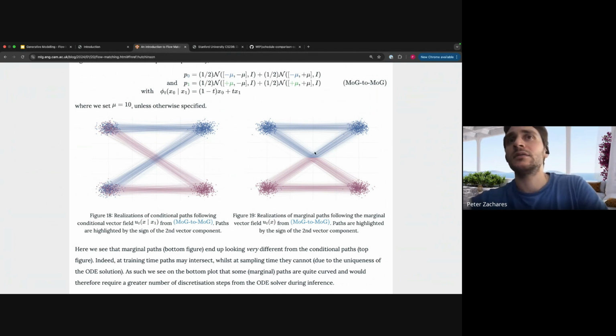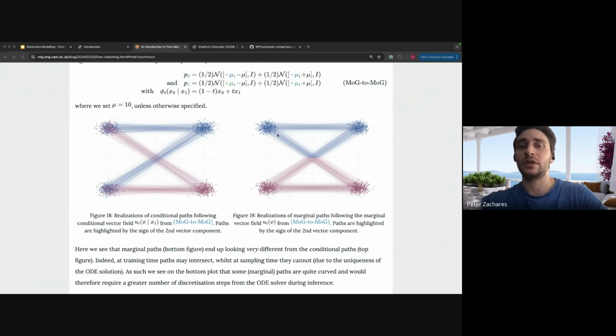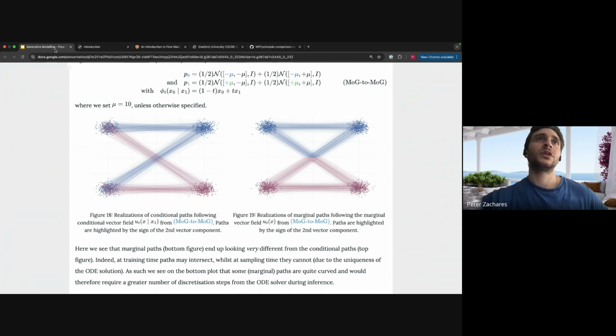Then when you marginalize, you get some paths that go down and up instead of going straight across. That creates an issue where you have these really long paths, which will slow down sampling. That's one of the issues with what I would call the naive approach.